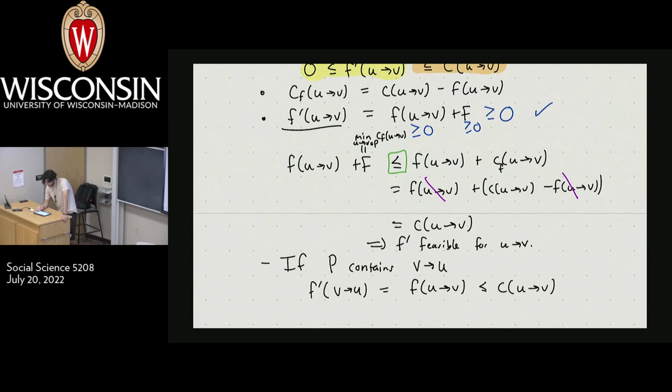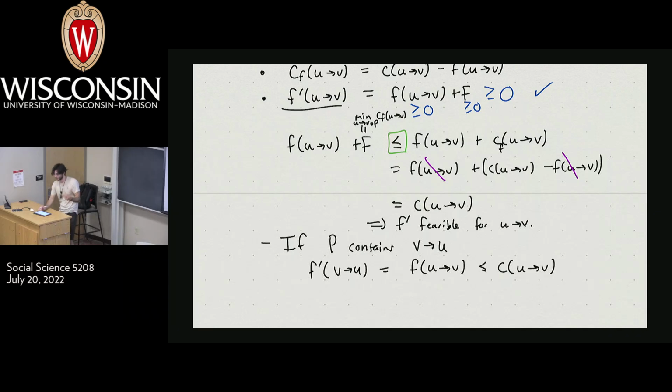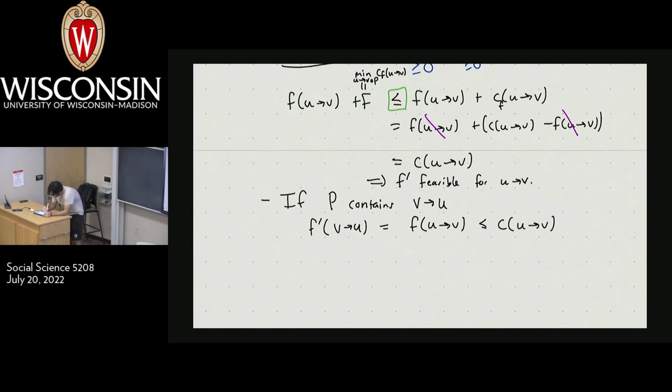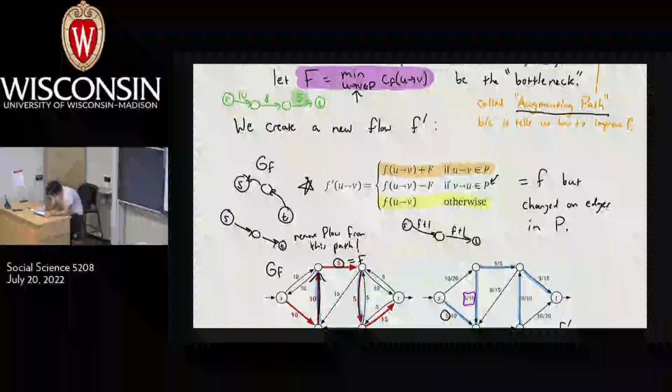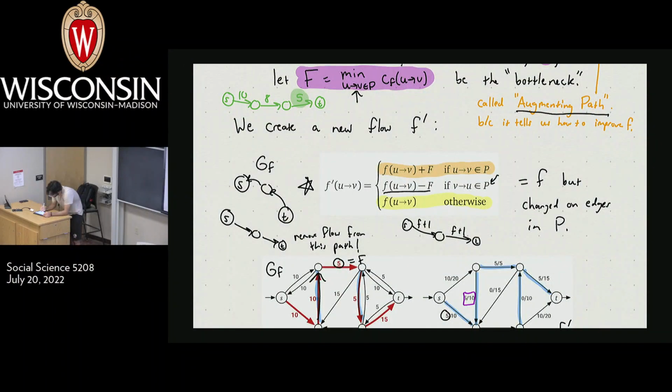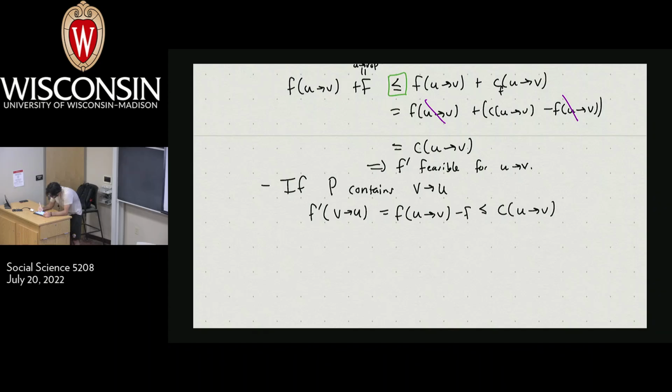Okay, so the reverse direction was the easy one. Now we need to show it's greater than or equal to 0. So f prime from v to u is equal to f of u to v minus f. Oh, I forgot the minus f. So what else do we know about this?